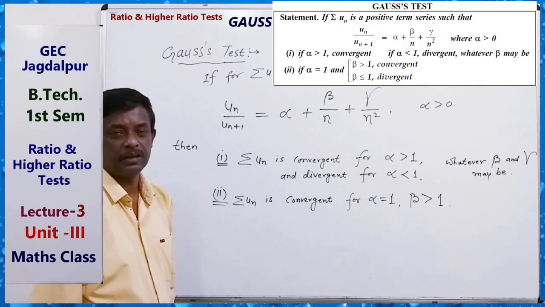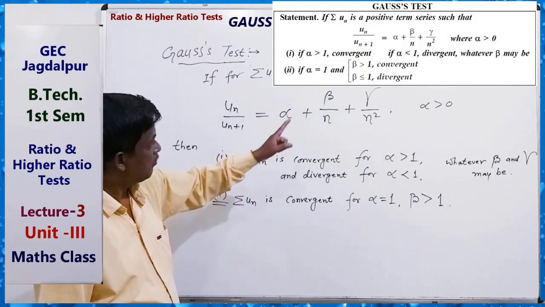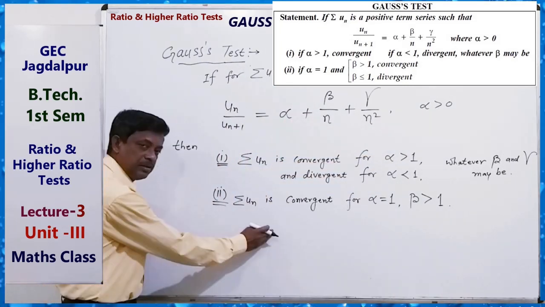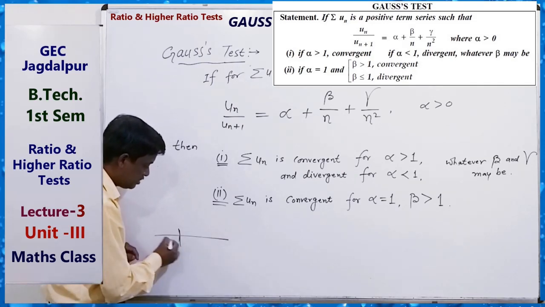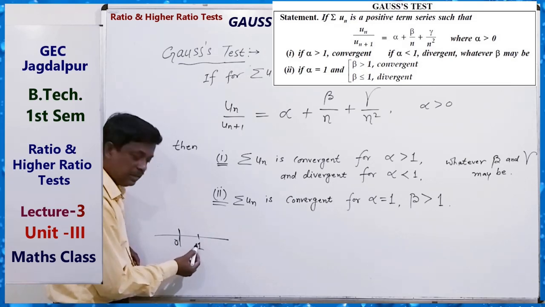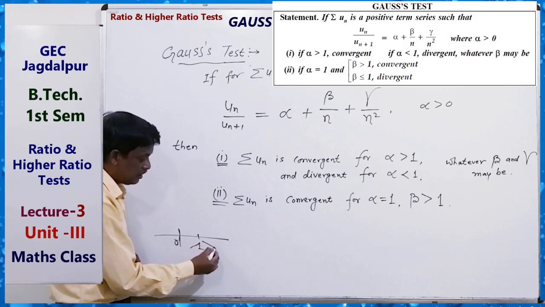Gamma may be any value. Here alpha must be greater than 0, that is, alpha positive. Clear? Suppose this is 0, alpha positive, and this is 1. So for alpha less than 1, convergent; for alpha greater than 1, divergent.